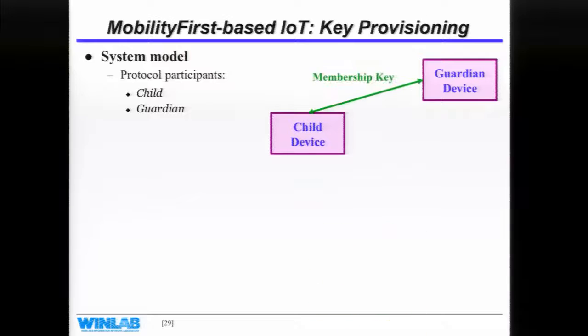And the result we want is a long-term membership key representing the mutual trust relationship between the child and the guardian. However, trust does not come from nowhere. If we want to build a new trust relationship, we have to extract it from an existing trust relationship.